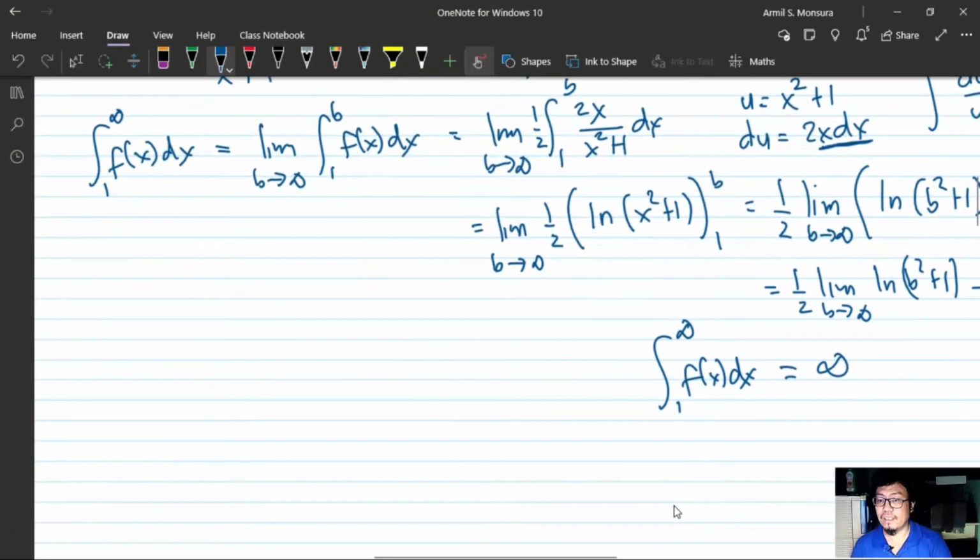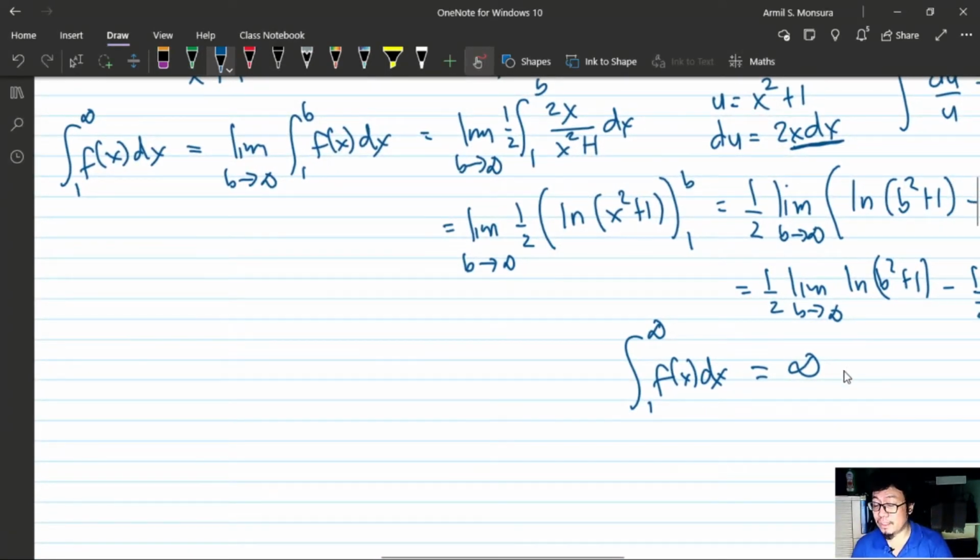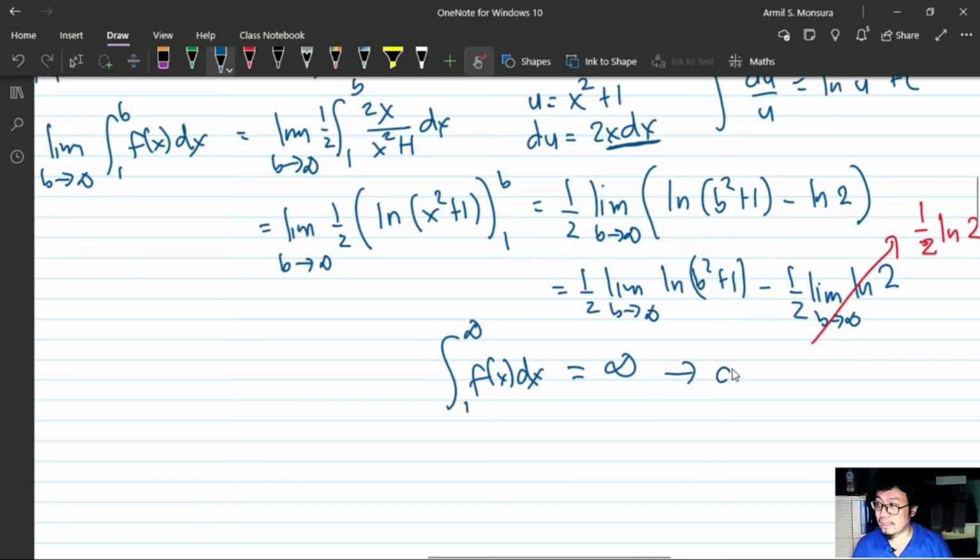And therefore, this means that this integral is divergent.